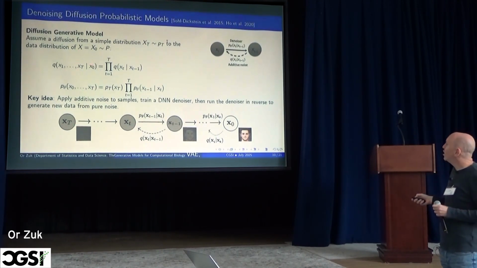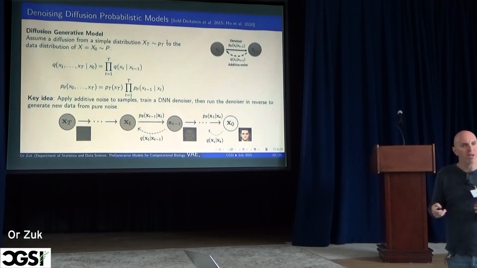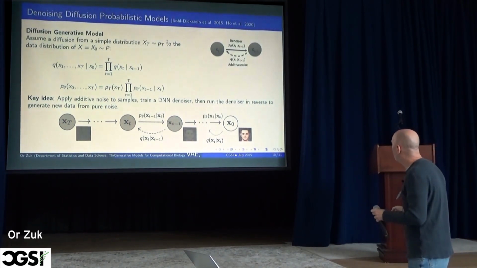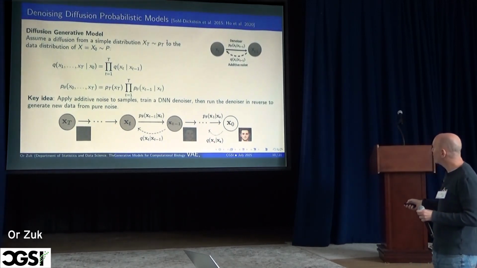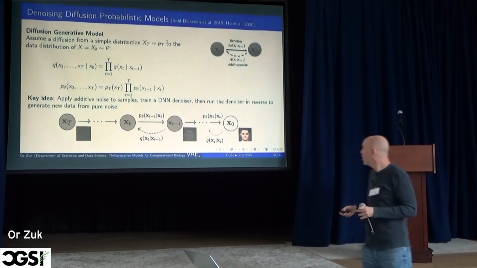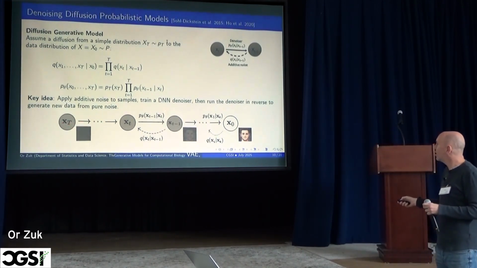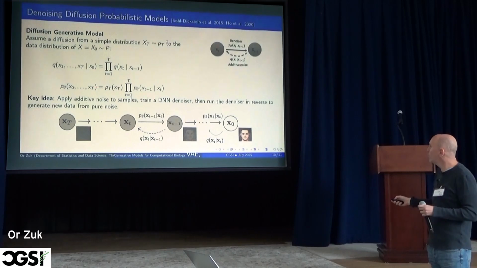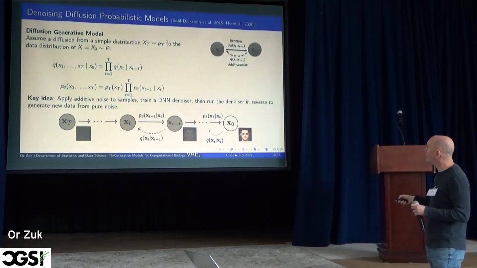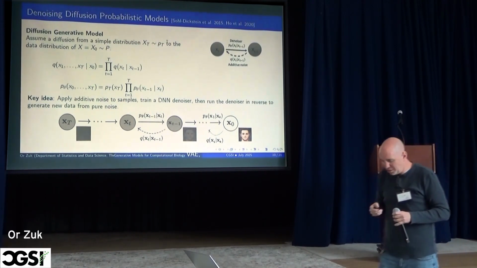If you go into the details, the direction from the data distribution to the simple distribution is quite straightforward. You just add Gaussian noise, right? So going from here to here is simple. This Q distribution is just additive Gaussian noise. What's hard is learning the other direction. This will be implemented by a neural net, right? So basically what we are trying to train here is a denoising neural net.